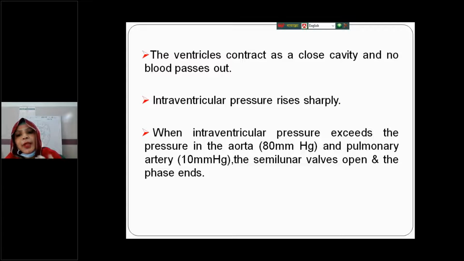So the AV valve is closed, the semilunar valve opens. This is the period of the isometric contraction phase. Whenever the semilunar valve opens, blood is pushed from the right ventricle towards the pulmonary trunk, that is the pulmonary artery, and from the left ventricle, blood goes towards the aorta.